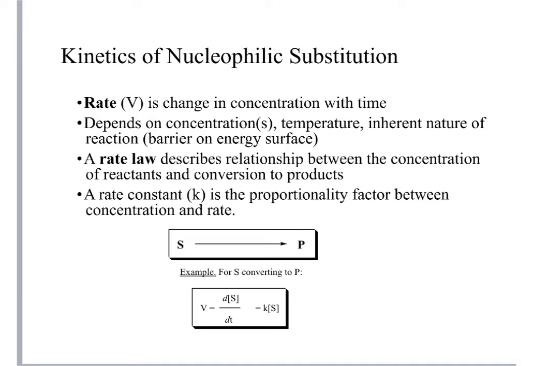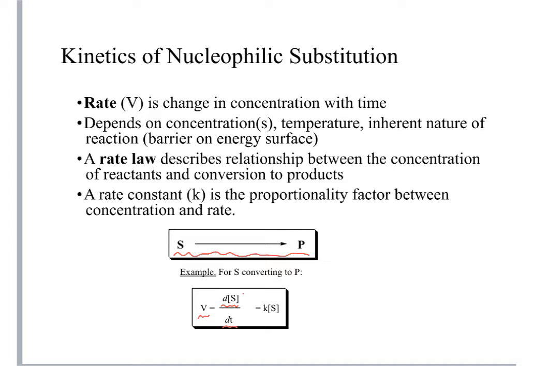As far as the kinetics of nucleophilic substitution, let's just review some of the concepts. Rate of the chemical reaction is simply change in concentration of the substrate with time. So if we take a look at some sample representative reaction when the substrate S is converted to product P, then we can write down the rate law V for this type of reaction as the change in concentration of the substrate with time.